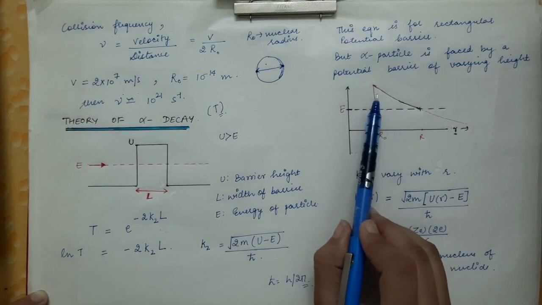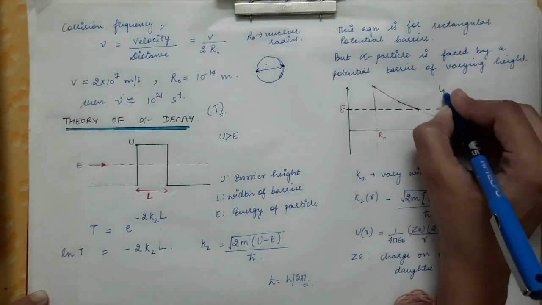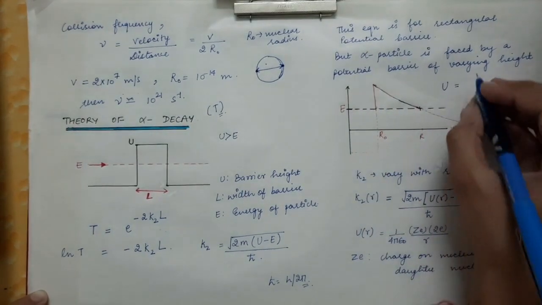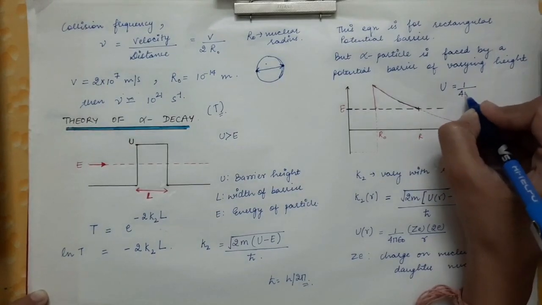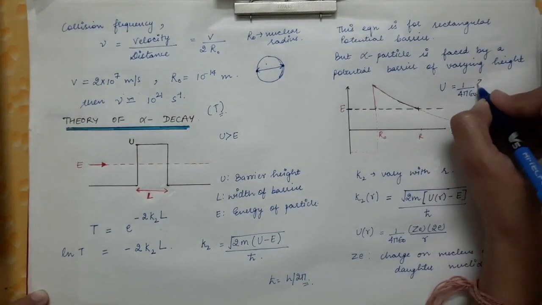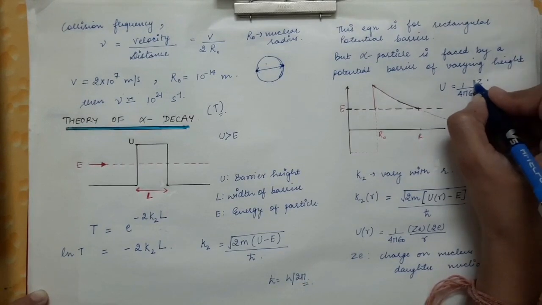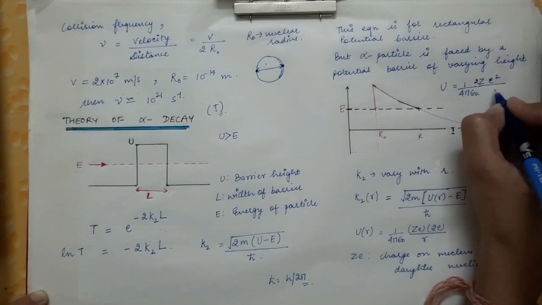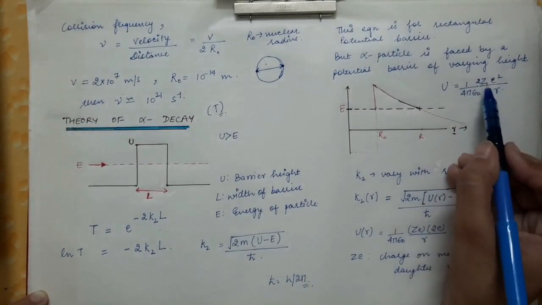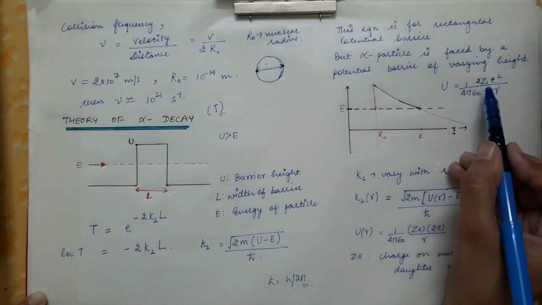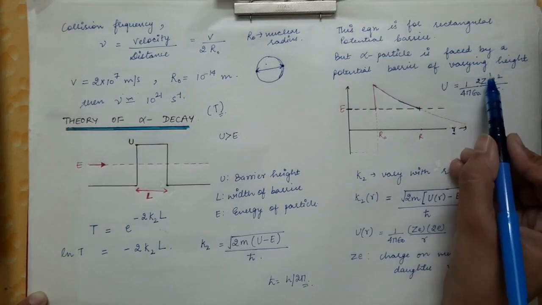But in the case of the alpha particle, the potential, which we have already seen, is given by 1 by 4 pi epsilon naught into 2 into Z into e square divided by r. Now this Z is the charge on the daughter nucleus.